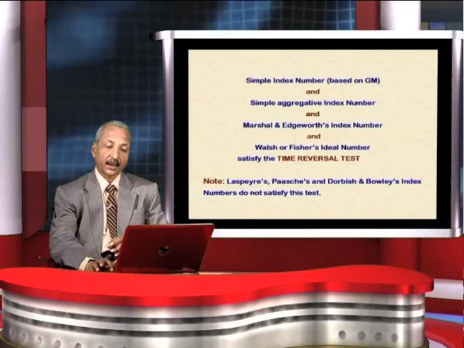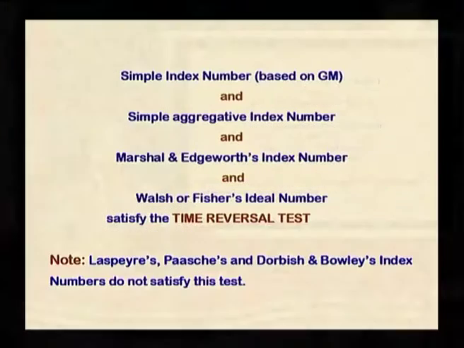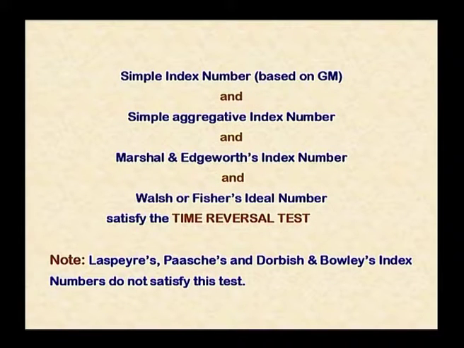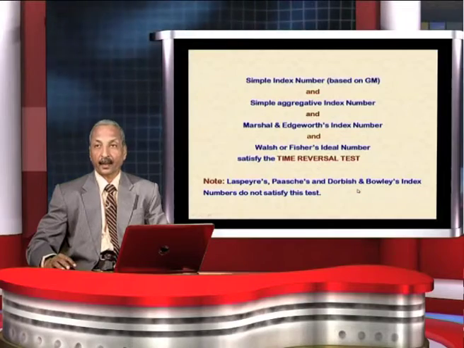Such index numbers are the simple index number based on geometric mean, simple aggregative index number as we have just seen, Marshall and Edgeworth's index number, and Walsh or Fisher's ideal index number. Here we note that Laspeyres, Paasche's and Drobisch and Bowley index numbers do not satisfy this criteria.